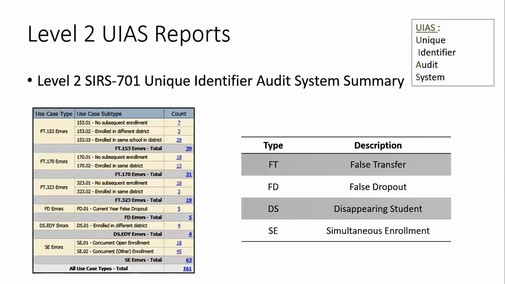We are going to take a brief look at each of the use case types that you may see in the UIAS report, and some of the most common situations that would occur for each error type. Okay.